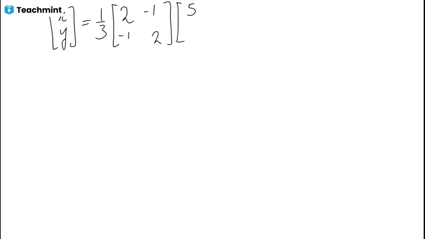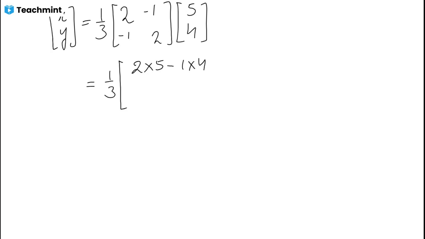So x and y is equal to 1 by 3, having the elements 2, minus 1, minus 1, 2 into 5 and 4. Multiply the first row with this column: 2 into 5 minus 1 into 4.